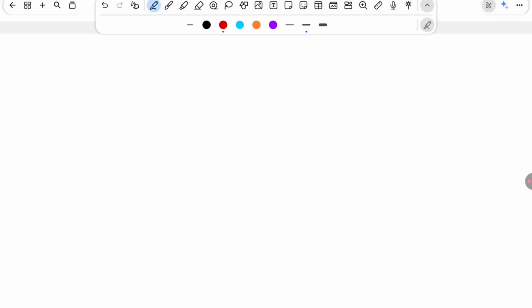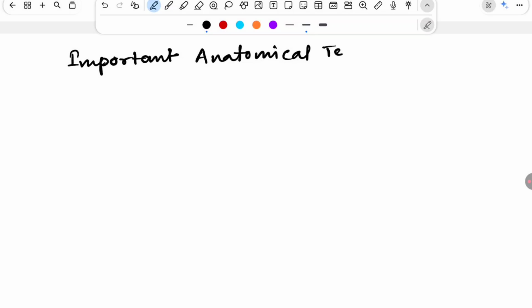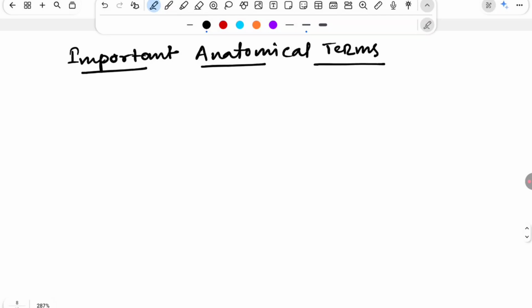Now we will discuss some important anatomical terms. One by one we will discuss. First one is superior, means above.